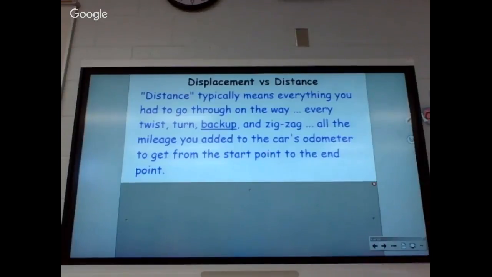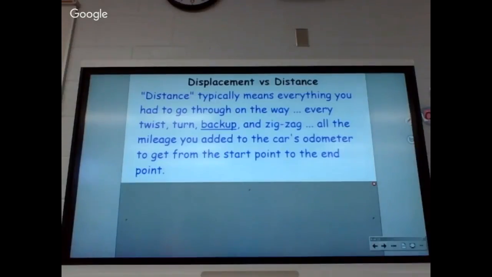Today and on Tuesday, we're going to learn how to calculate distance and displacement. Distance means everything you had to go through. Every twist, turn, back up, and zigzag. All the mileage you added to the car's odometer from the start point to the end point.